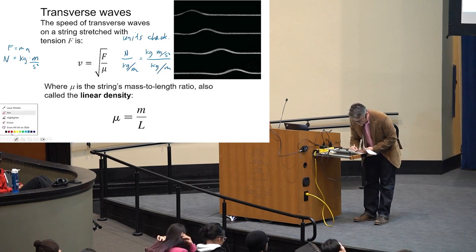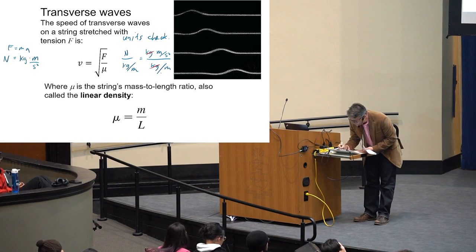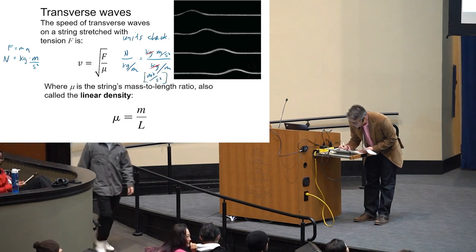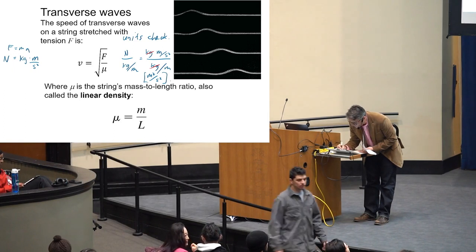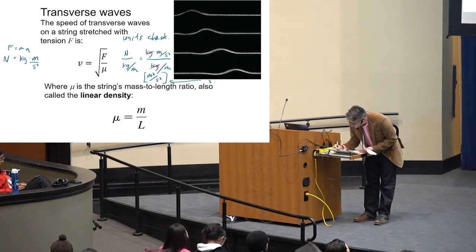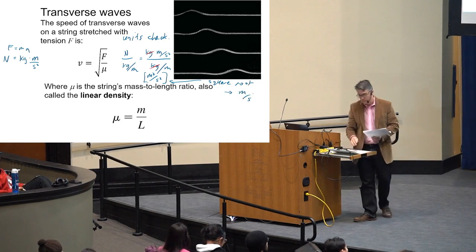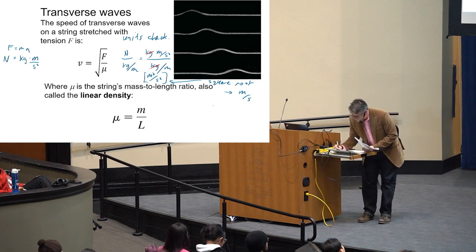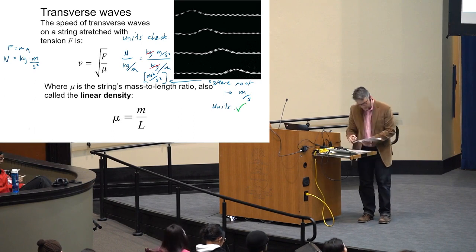The kilograms cancel each other, and then dividing by m comes up to the top, so it's m squared per second squared. Then you take the square root of that, and you get meters per second. So it actually does work. Meters per second. So units, I'll just put a green check mark. Check. Good. Okay. Let's try it.